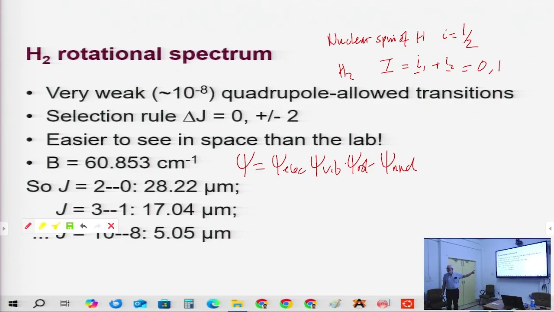Vibration is our next topic. Rotation we're doing now. And what I'm saying is you also have to consider the nuclear component when you have identical atoms. I'll give you for free that for hydrogen this is even, so we can ignore it. If you change two hydrogen atoms, the electronic wave function for the ground state of hydrogen doesn't change sign. For a diatomic molecule, this is always true. It's even, so we'll ignore that.